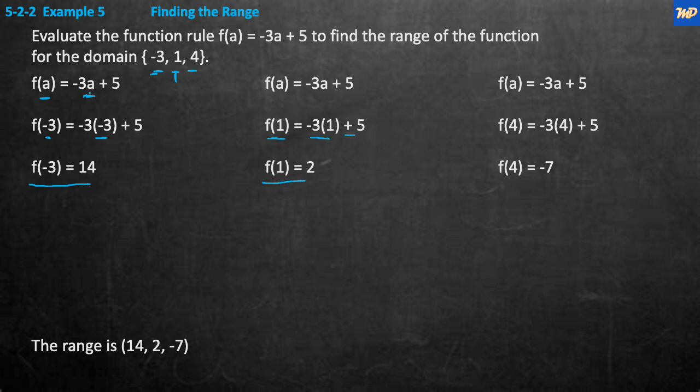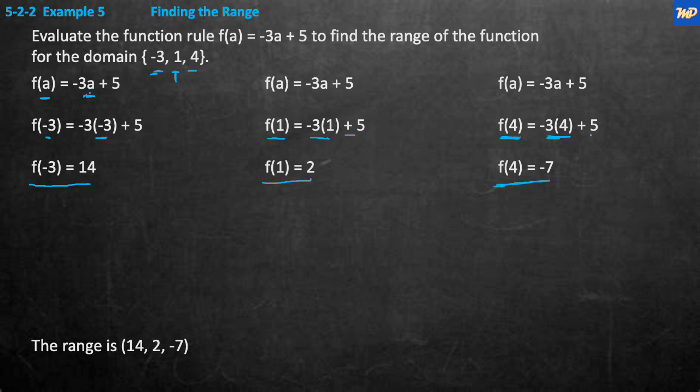So f of 1 is equal to 2. Now we do the last one, which is 4. F of 4 is equal to negative 3 times 4 plus 5. Negative 3 times 4 is negative 12, and when you add 5, you get negative 7. So f of 4 is negative 7.